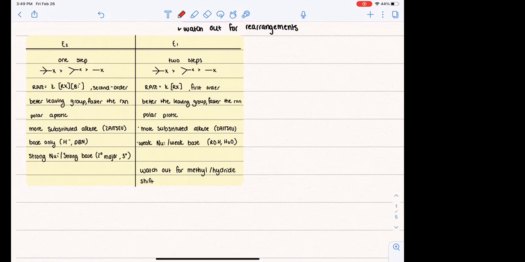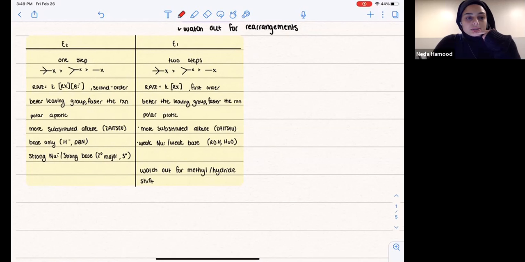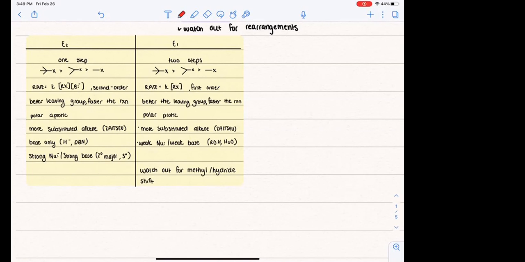Would E2 also react with bulky bases too? Do both of them react with bulky bases? It just depends on the substitution, let me think. Bulky bases only react with the end hydrogens. The only thing bulky bases would do is affect which product is your major product.